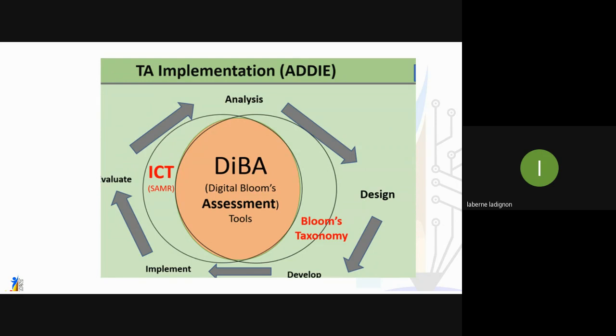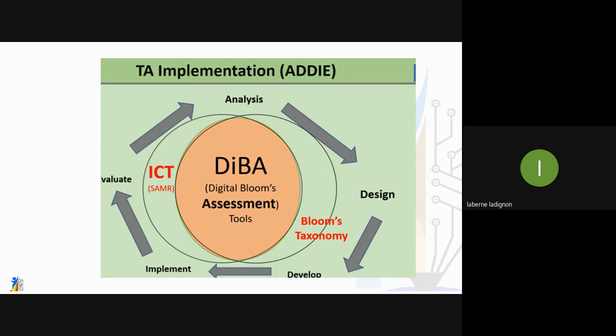So we call it DIBA tools kasi it is based on the Bloom's taxonomy and the ICT. So we combine them. The ICT, we refer to the SAMR, and the Bloom's taxonomy, this is how we can develop our formative. So joining them together, then we can arrive with this DIBA assessment tool.